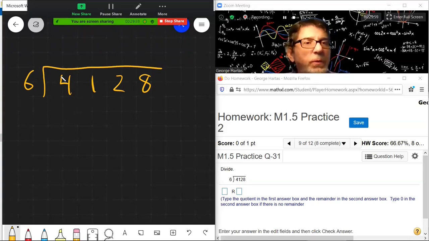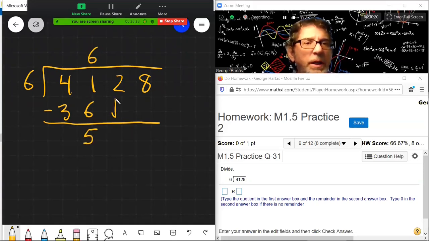6 does not divide into 4, leave it blank. 6 divides into 41 6 times, over the right-hand digit. 6 times 6 is 36. Subtract these two numbers. The difference is 5. Bring down the next digit. 6 divides into 52 8 times, because 8 times 6 is 48.